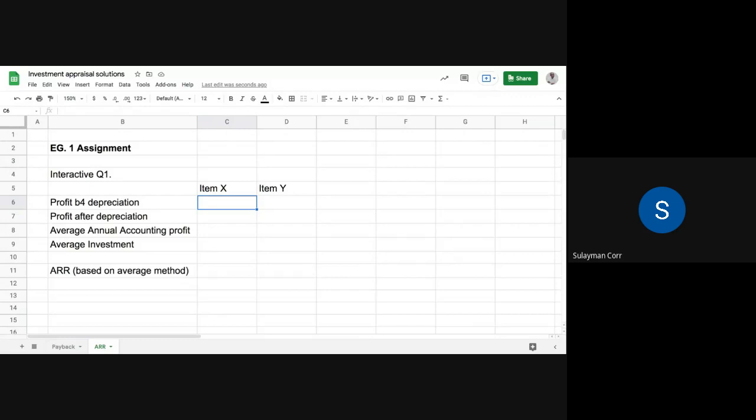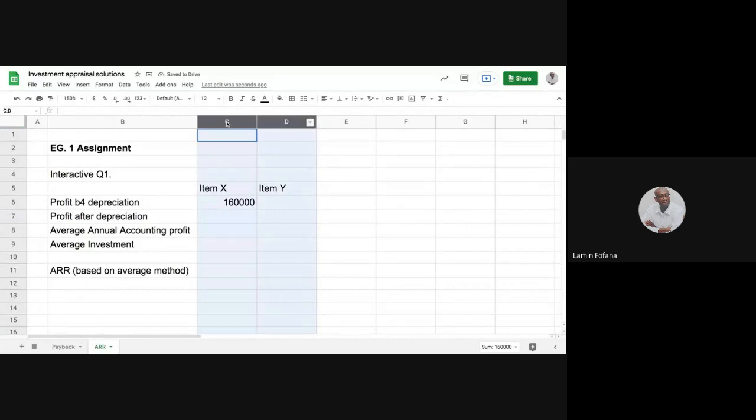Yes, it's correct. Check it properly. It's not 180. 160. Yes. 160, correct. Mr. Core, you are adding the last 20,000. The last 20,000 is the scrap value. Yes, yes, sorry.